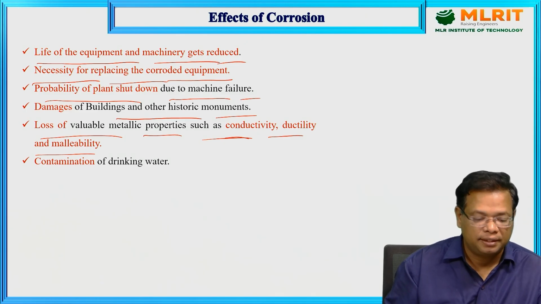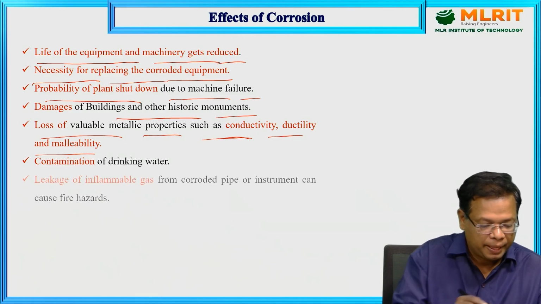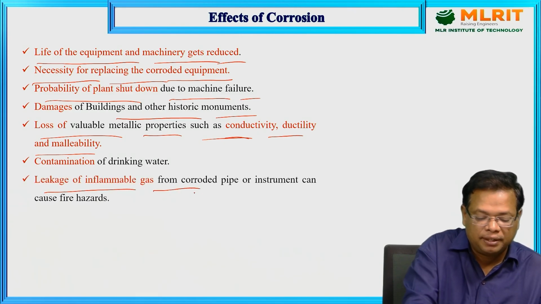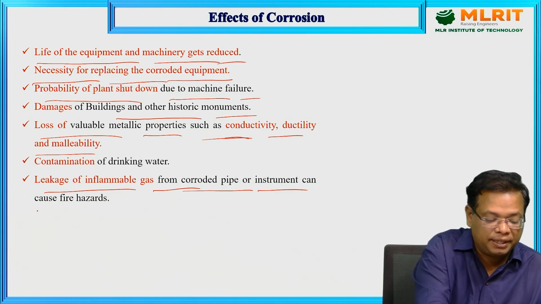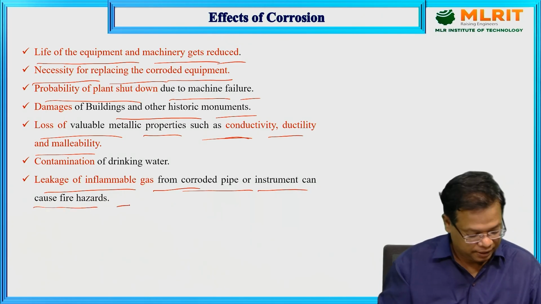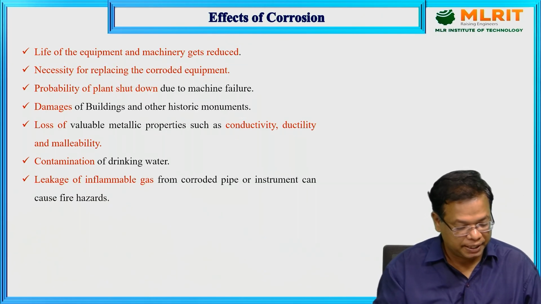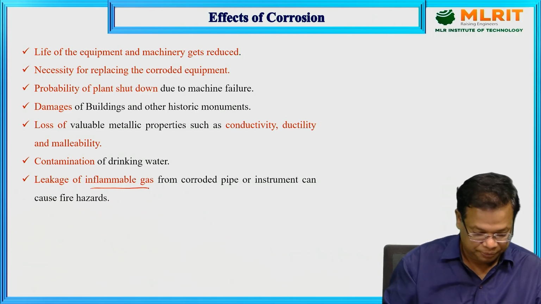So like that, the corrosion formed substances will be mixed with the water, which is not good for our health. Leakage of inflammable gas from the corroded pipe or instrument can cause a fire hazard. So these are also the problems. Leakage of the inflammable gases.